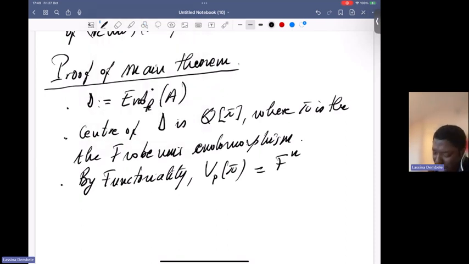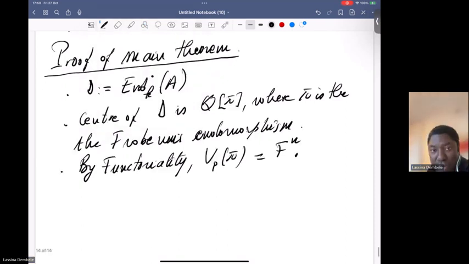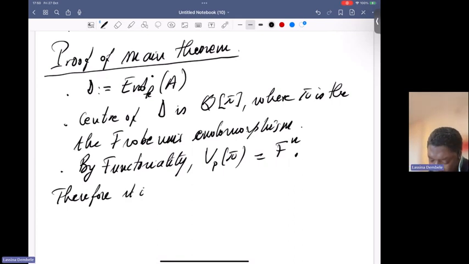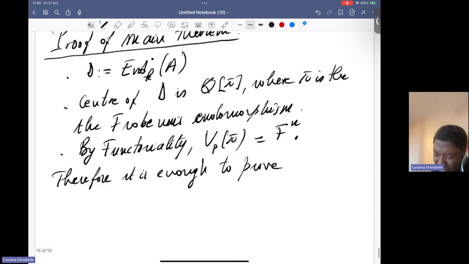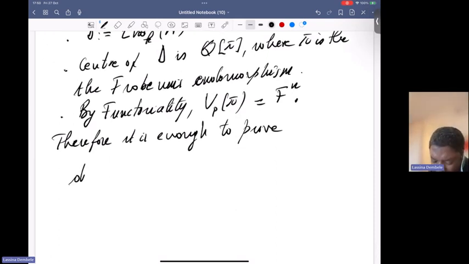And so what that means is that for our main theorem, it would be enough to prove that we have this dimension equal.